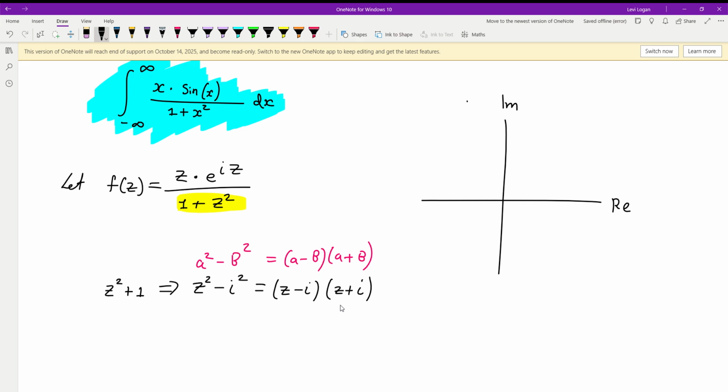Now, what this shows me is if this was set equal to 0, I would have z equals i or z equals negative i as solutions to that. So there are two singularities, one here and one here.